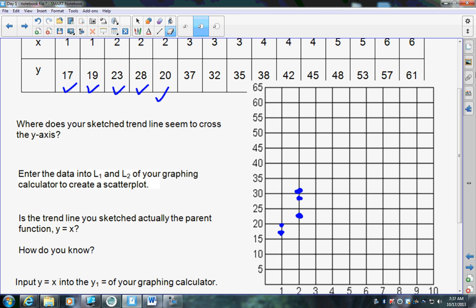Oh, it's 2 and 20. Yeah, I just can't read. 2 and 20. All right. Now 3 and 37. 3 and 32. 3 and 35.